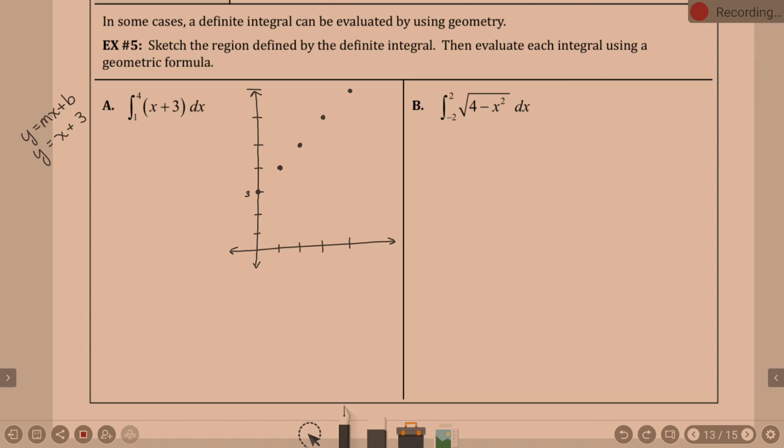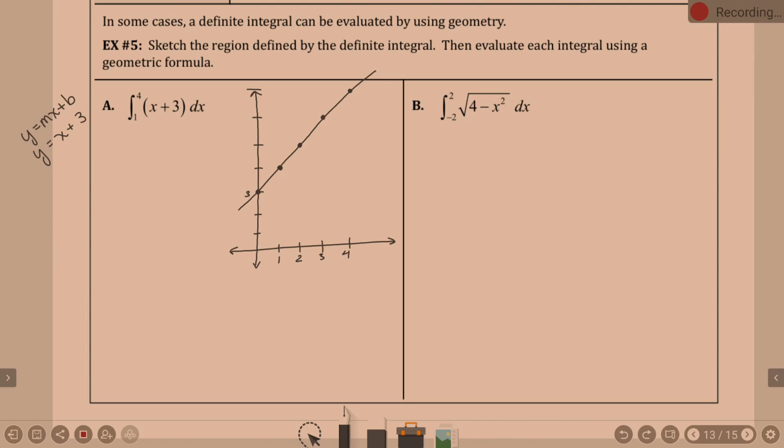But I did have to go all the way here because we're talking the area of this from 1 to 4. So right here, there's my line, yes?